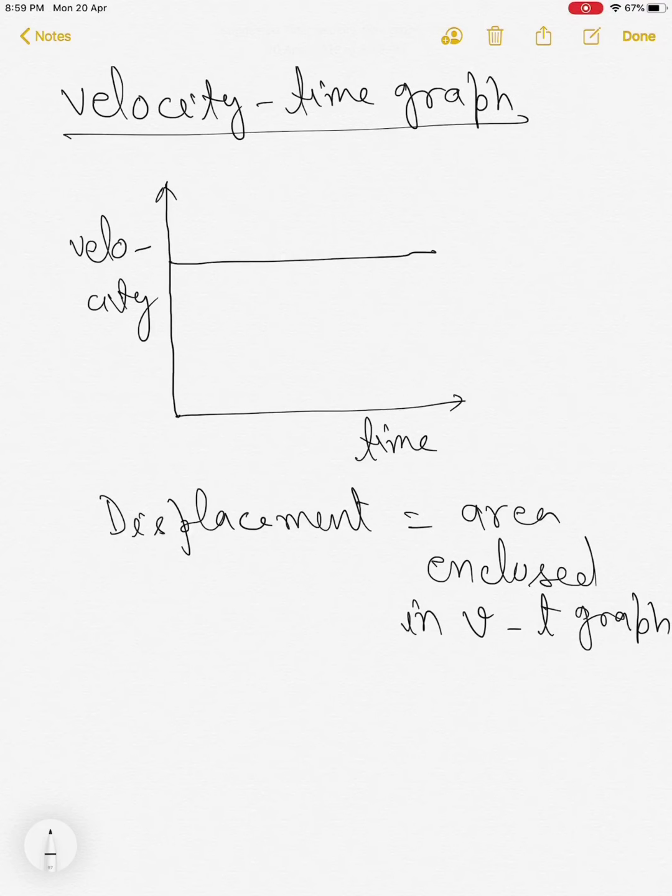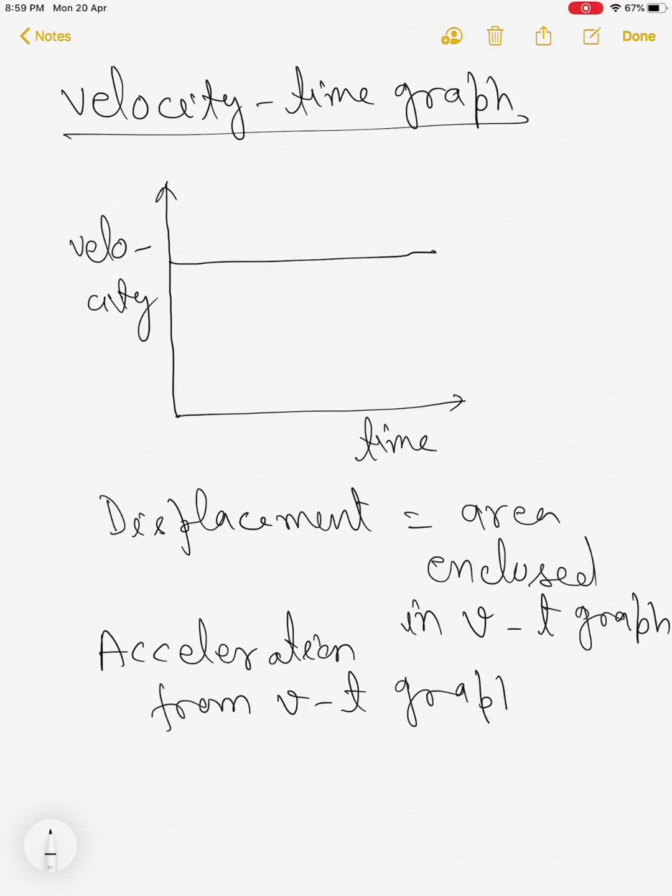How can we find acceleration from a velocity time graph? Acceleration from the V-t graph. V means velocity and T means time.